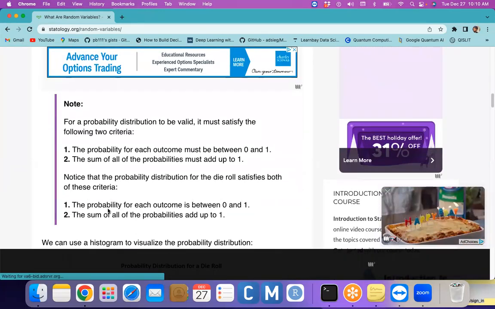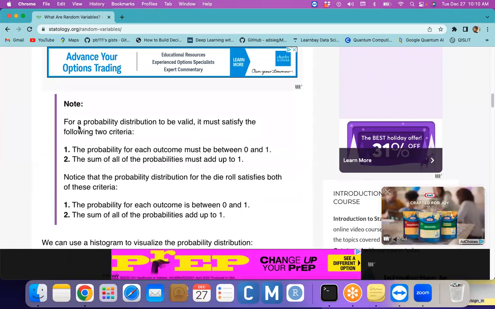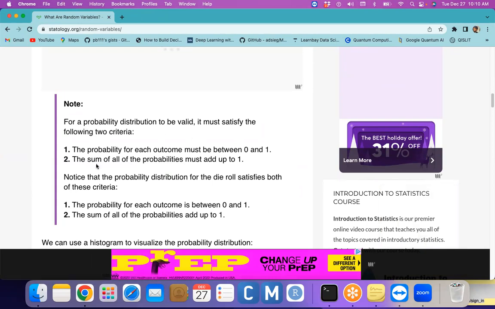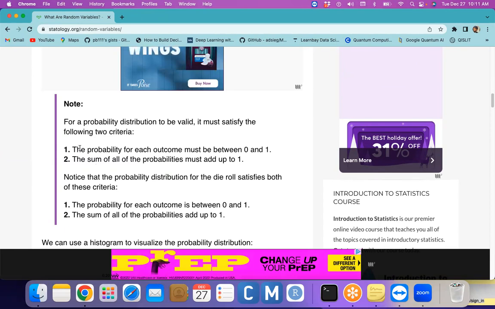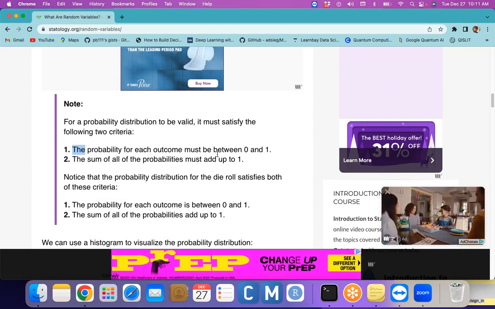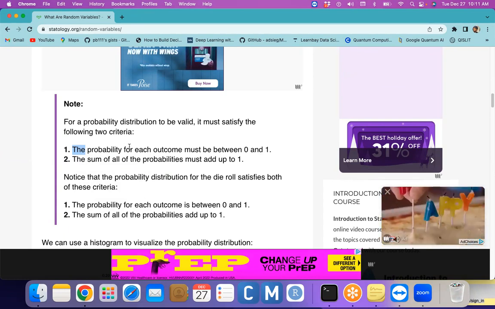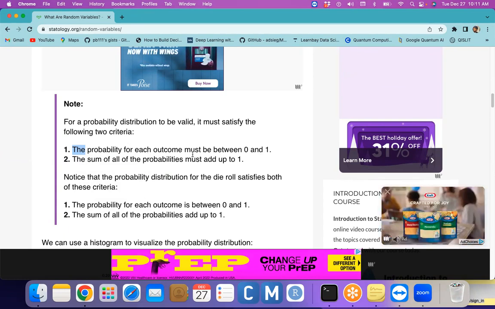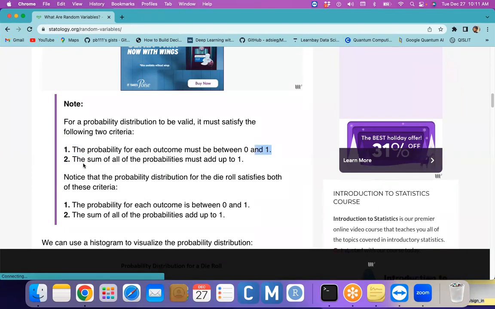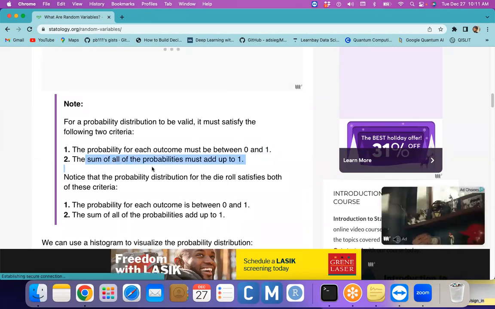Okay, so these are the terms we need to understand in a probability distribution. There are some criteria to check whether something satisfies a probability distribution or not. The first criterion is that the probability of each outcome must be between 0 and 1. The second is that when you sum the probabilities of each and every outcome, you get exactly 1.